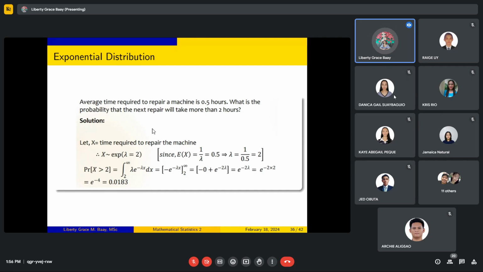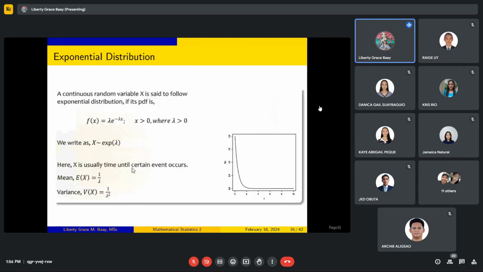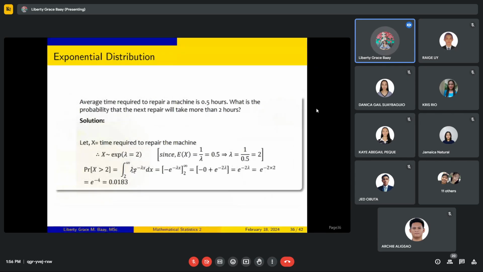So that is equal to the integral from 2 to infinity. For the exponential distribution, that is the range where the question goes to infinity. You are familiar with this from your calculus class, so you can answer and put it in the integral directly.